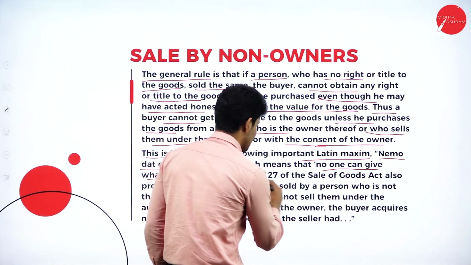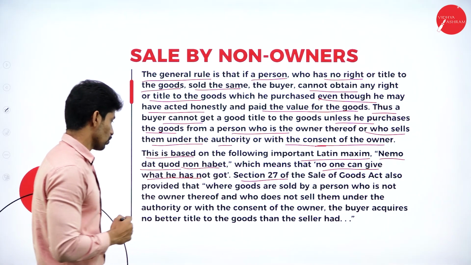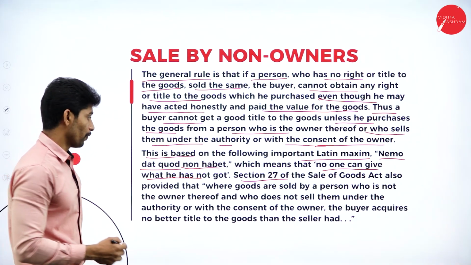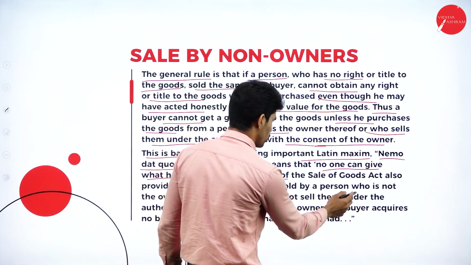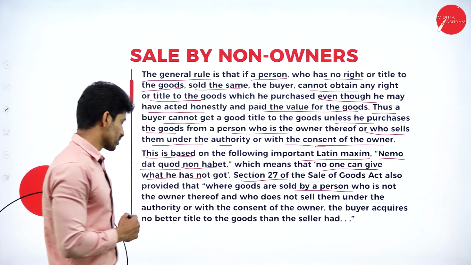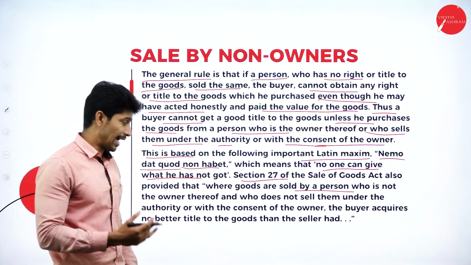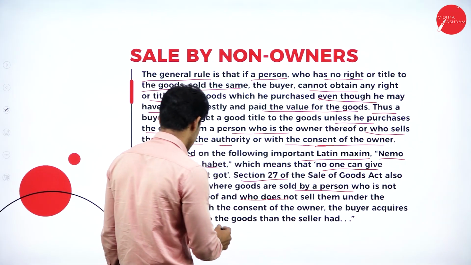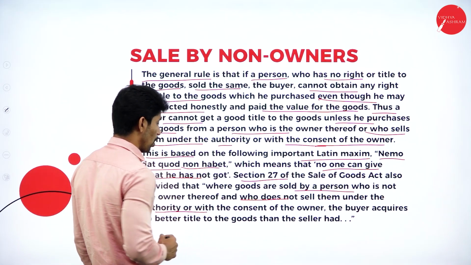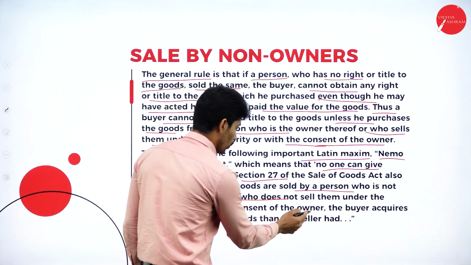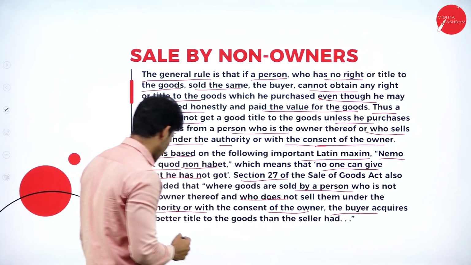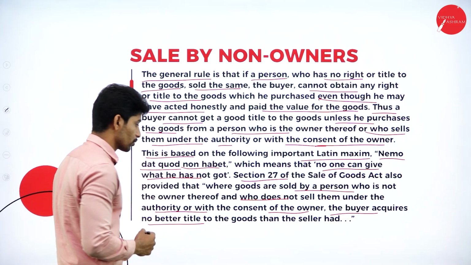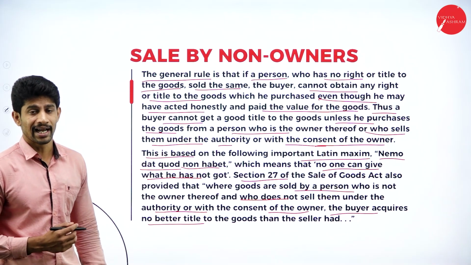Section 27 of the Sale of Goods Act also provides that where goods are sold by a person who is not the owner thereof and who does not sell them under the authority or with the consent of the owner, the buyer acquires no better title to the goods than the seller had.